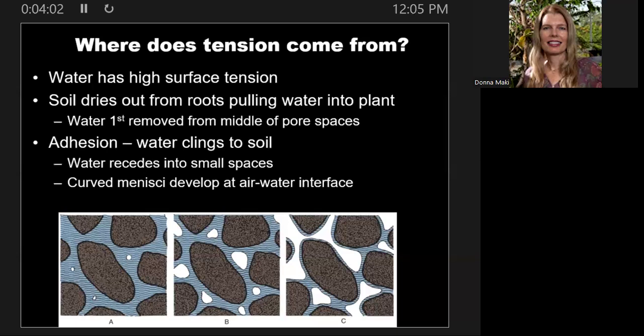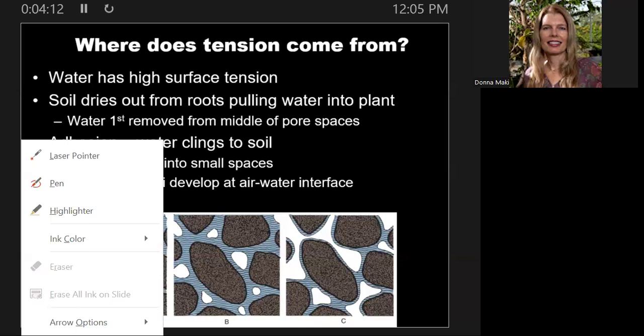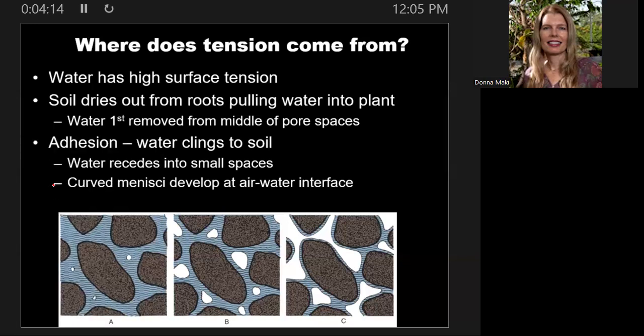And what that does is it creates that curvature of the meniscus. And so when you have that, it actually does put a nice tension force with smaller and smaller radii of the curvature of the meniscus, or menisci for plural.